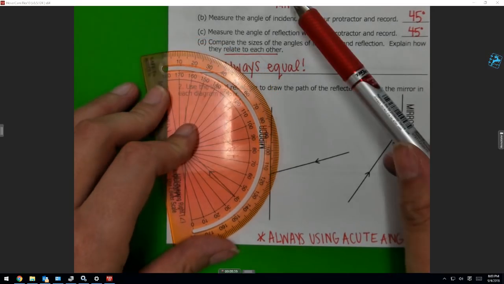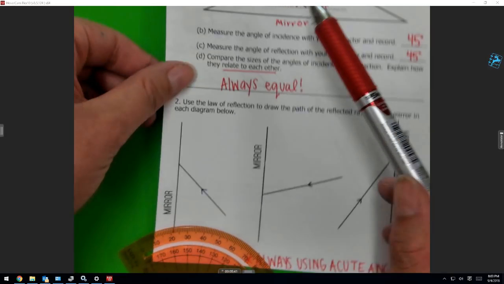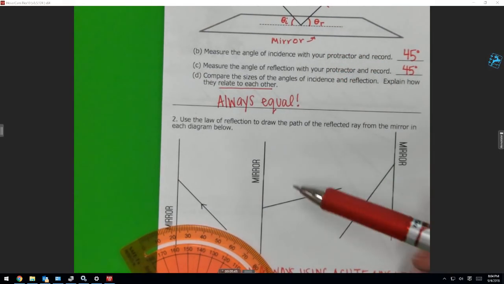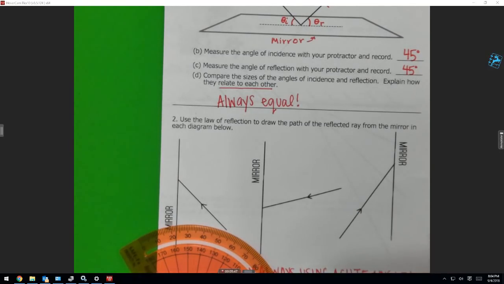Because we have to have one on the left and the right, if we have them obtuse, they would overlap. So we always want to look at those acute angles.